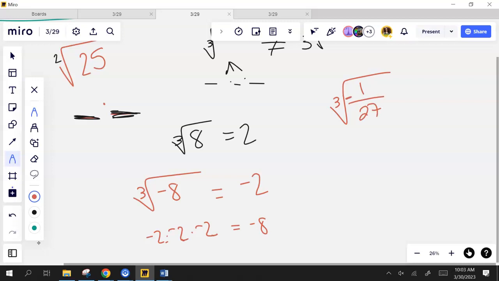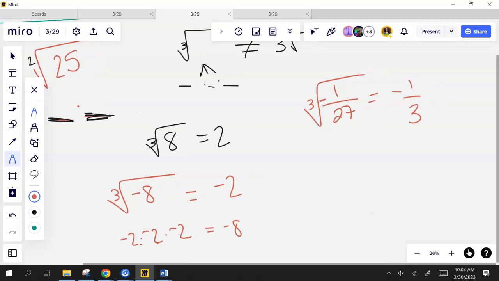What's that equal? All the properties of radicals still apply. Negative 1/3. Because what times itself 3 times? And I could split it up. I can do the cube root of the top and the cube root of the bottom. So I get negative 1/3. Is everybody okay? Just blowing anybody's minds? The fraction did.